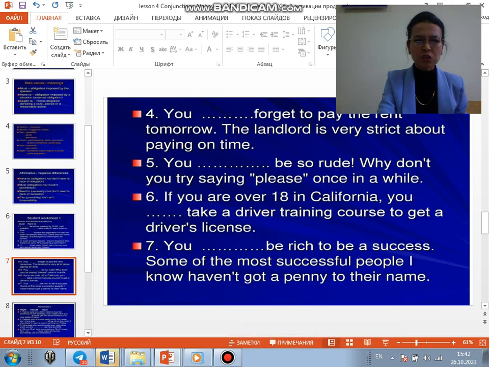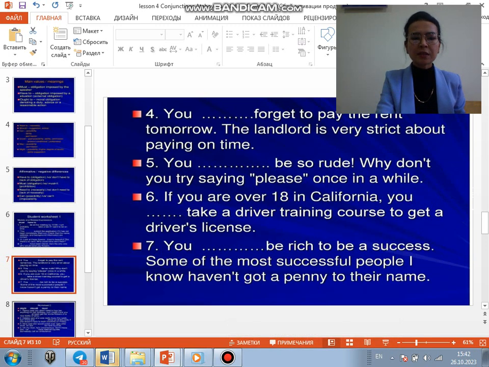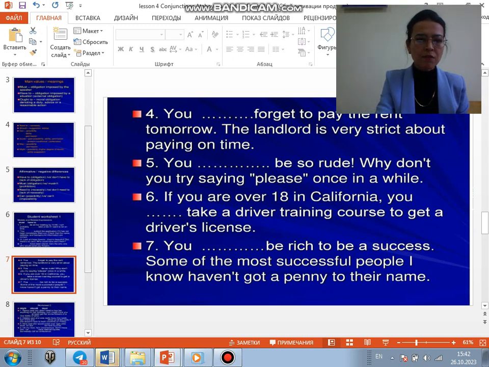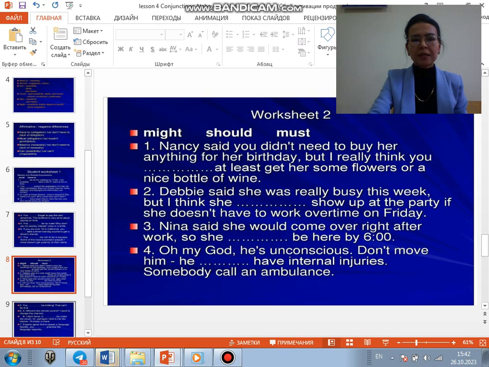In the next worksheet, you can also fill the given gaps with modal verbs. In the next worksheet, number 2, you have to use might, should, and must modal verbs for some gaps.